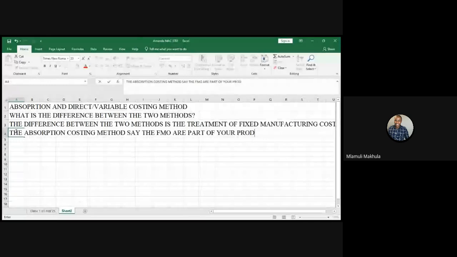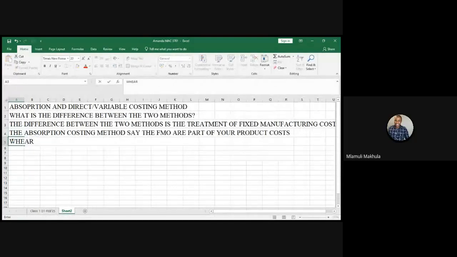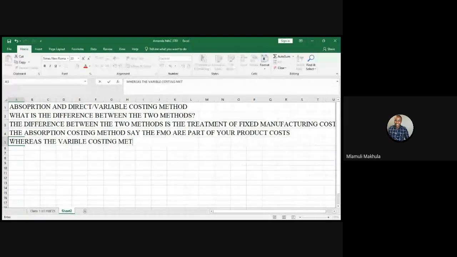I'm going to come back to that one. Whereas the variable costing method says the fixed manufacturing overheads are period costs.